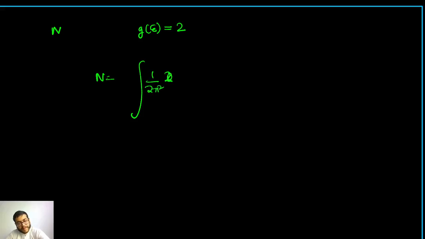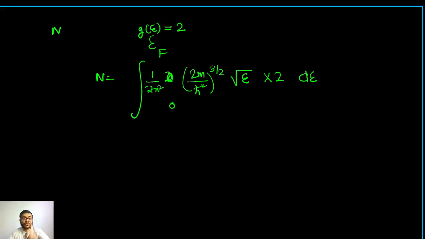So for example, if you take the total number, then g(E) is given as 2, since every point has two electrons, so that is the number associated with every point. So it will be 1 by 2 pi square, (2m by h bar square) to the 3 by 2, root E into 2 dE from 0 to EF. That will be the total number.